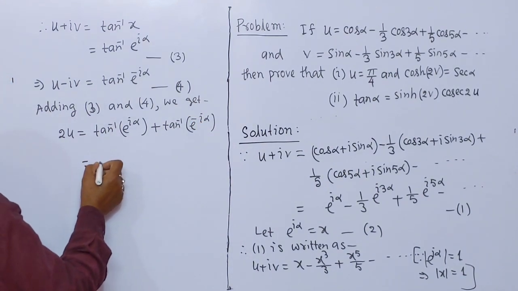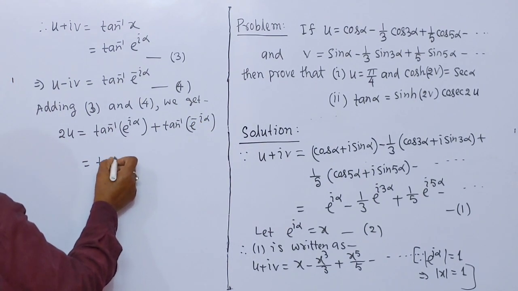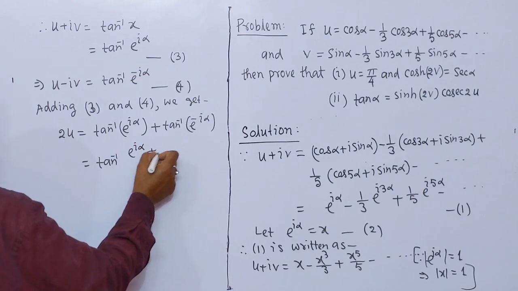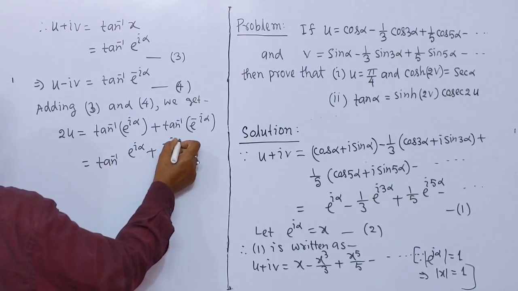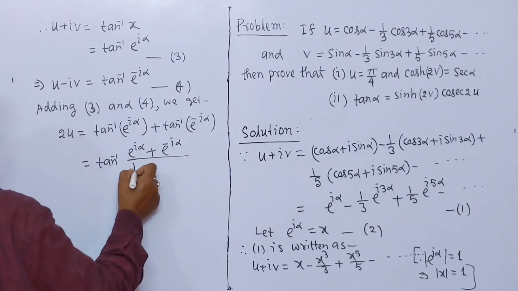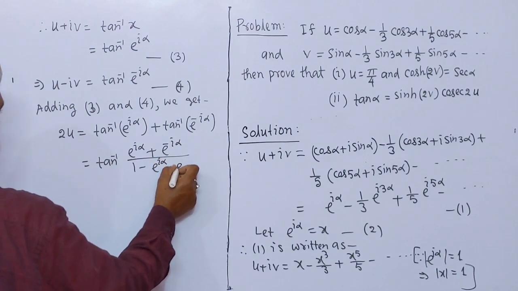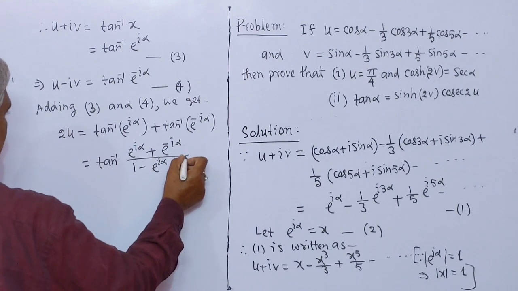This is equal to tan inverse of e to the power i alpha plus e to the power minus i alpha by 1 minus e to the power i alpha multiply e to the power minus i alpha.